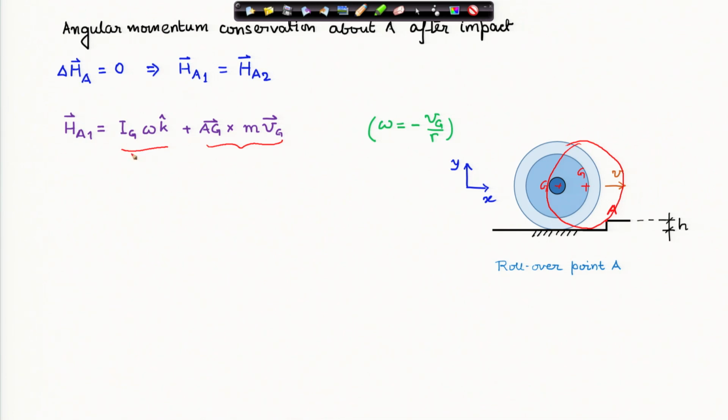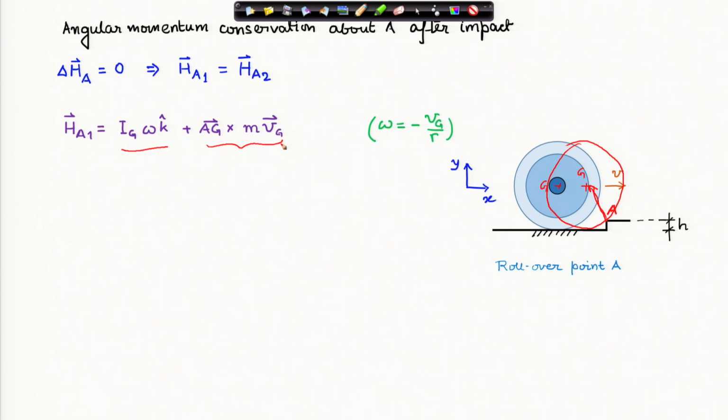Okay. Therefore, the first term is the angular momentum because of the rotation about the center of mass, and the second term is the angular momentum because of the translation of the center of mass. A g is the moment arm times mass of the wheel times velocity of the center of mass.